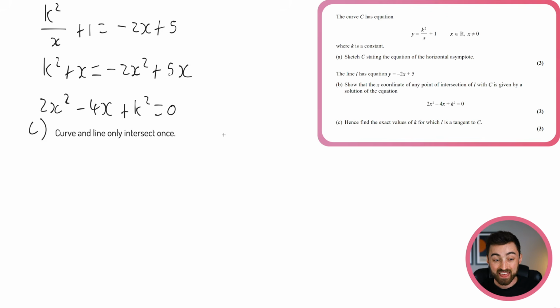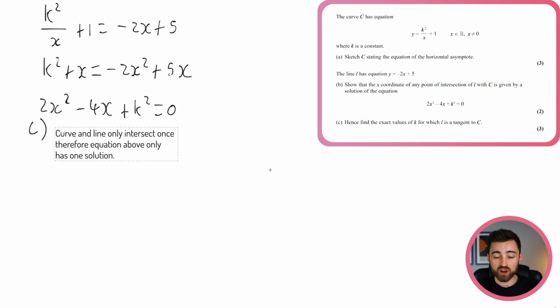If I now know that they only intersect once, I must know that this equation only has one solution. Equation above only has one solution.